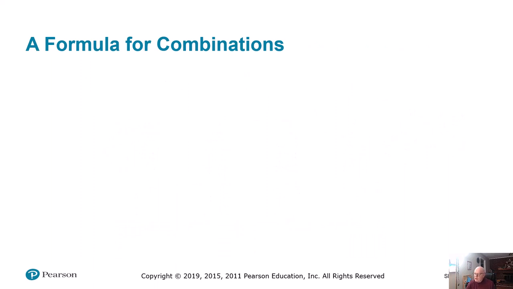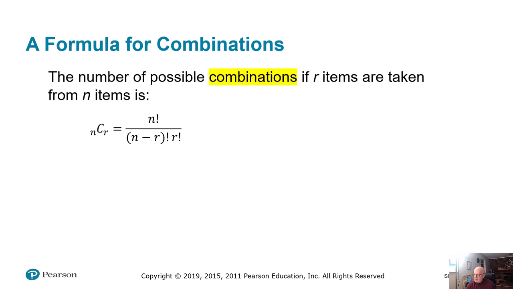How about the formula for combinations? We had one for permutations. Here's the formula for combinations. You're selecting from n items, you're picking r of them, and this is what the formula looks like.